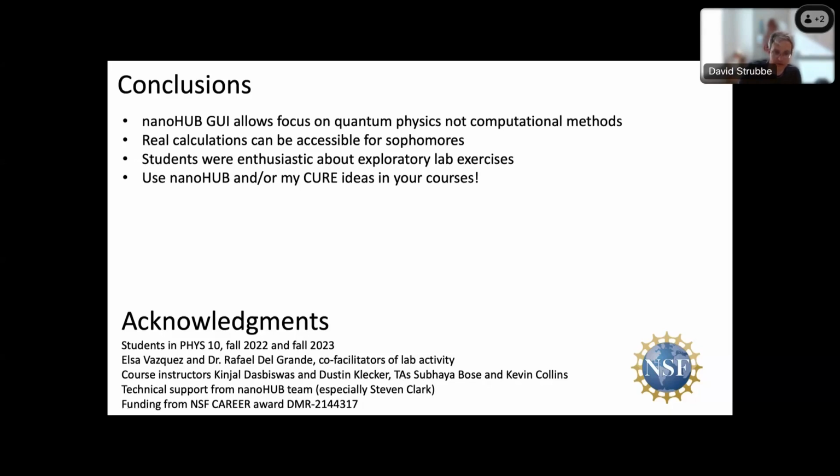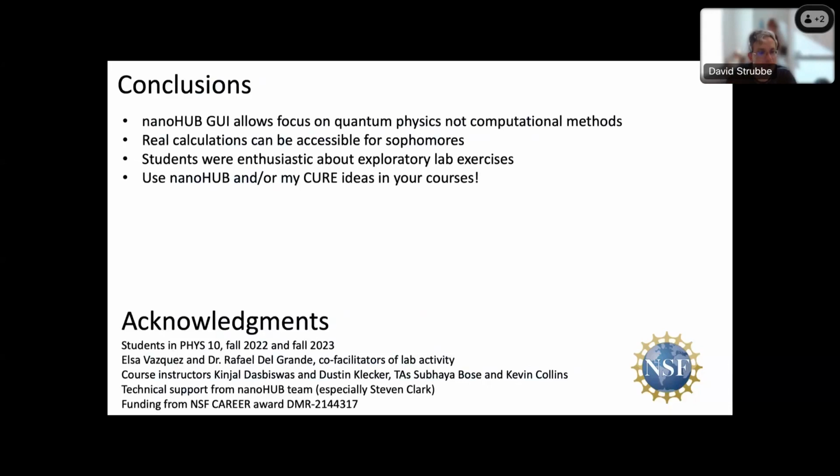Of course, I've gotten a lot of support from the nanoHUB team, especially Stephen Clark in managing to get all of this stuff working. And my participation on this was funded by an NSF Career Award. So that helped make this possible.